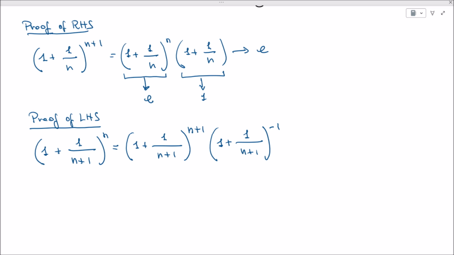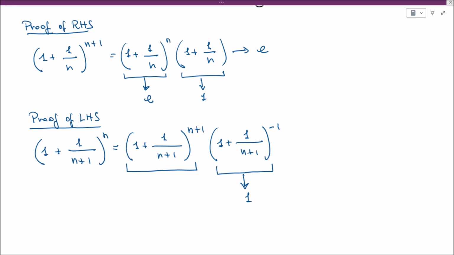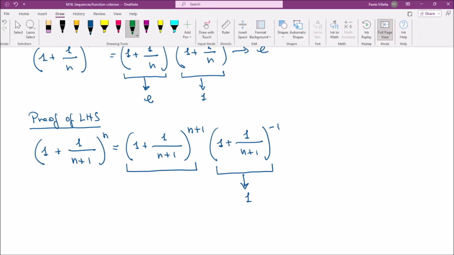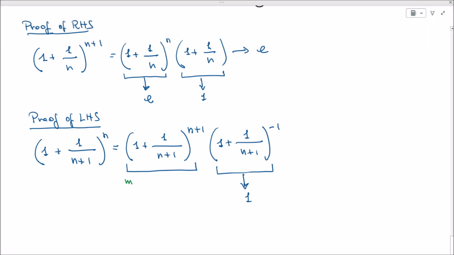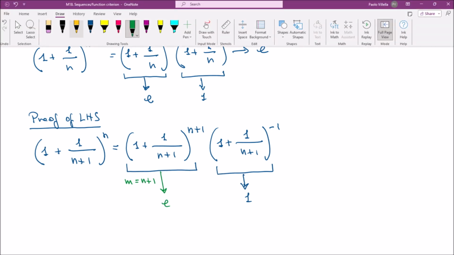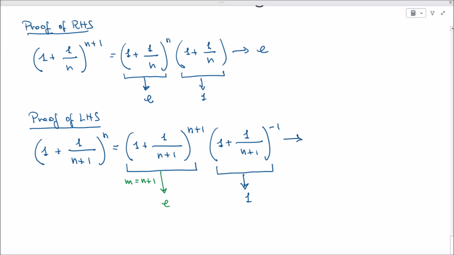Okay, but now what we can say is that once again, as n goes to infinity, n plus 1 goes to infinity, so this term on the right hand side will tend to 1. And if you just make an easy change of variable here, and you say, for example, that m is equal to n plus 1, clearly you see that this limit is once again e. So this finally proves that also for the left hand side we have e as the limit of the sequence.